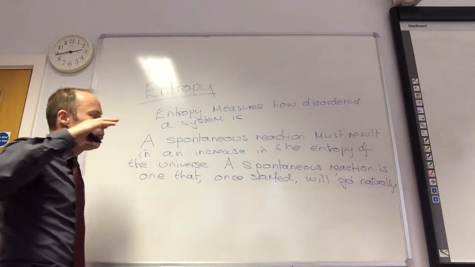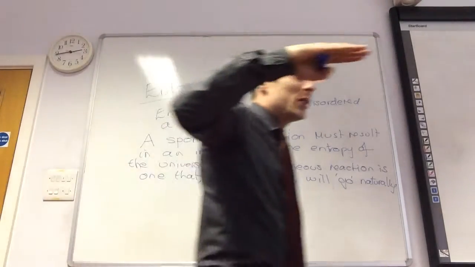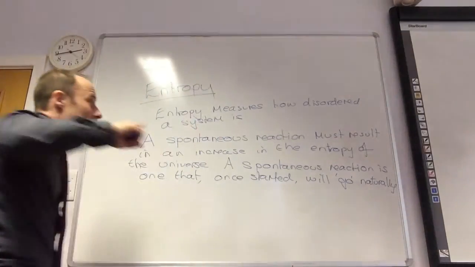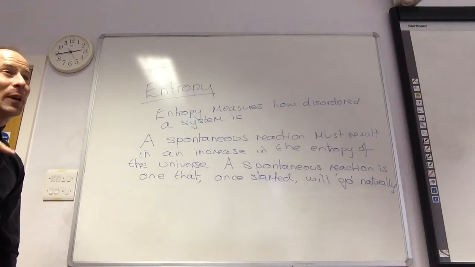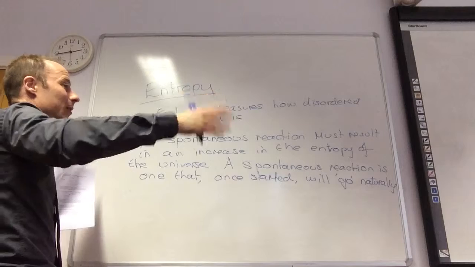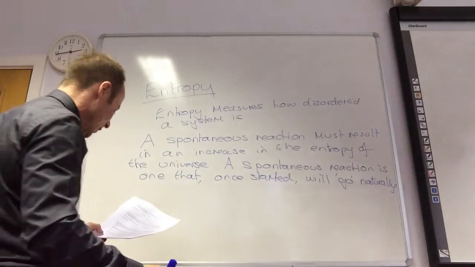In order to decide, and that's what your questions will always be on, will this reaction happen? You need to consider two things. You need to consider the reaction, but also you need to consider what's happening in the surroundings. So you need to consider the rest of the universe as well.